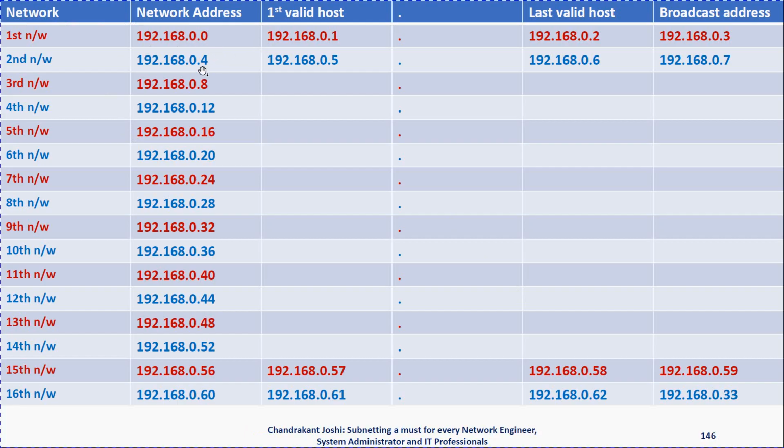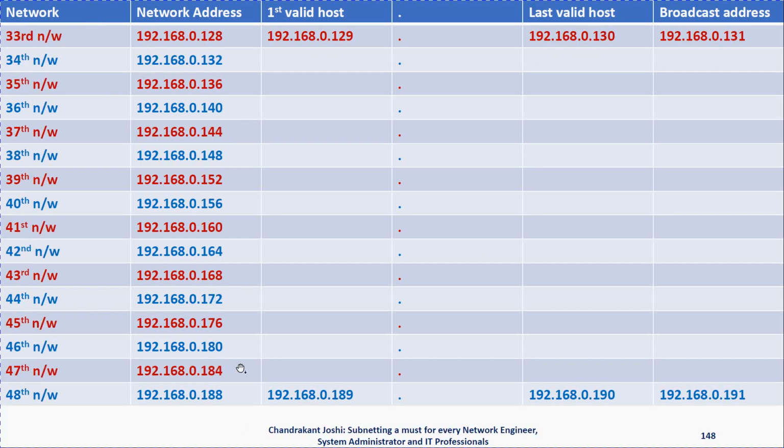So 0.0, 0.4, 0.8, 0.12, 16, 20, 24, multiples of 4, and all the way to 252, because if I add 4 to this it becomes 256, and 256 is not a number within the 8-bit decimal value. Maximum is 255. So this 255 is the broadcast.